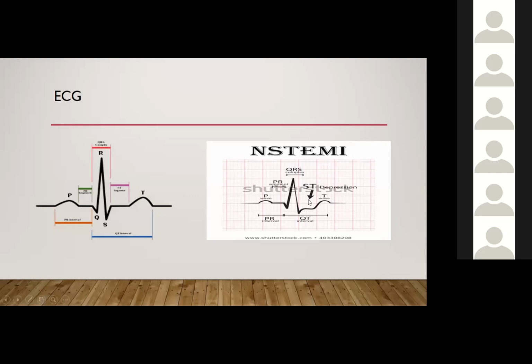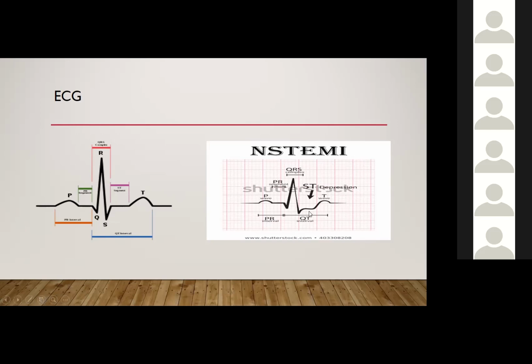ST segment elevated myocardial infarction. You only need the troponins to come and support. However, if the ECG comes and the ST segment is normal, it can be that this is actually a myocardial infarction, but it's a non-ST segment elevated myocardial infarction. Only the troponins can come and confirm, or this is actually an unstable angina.